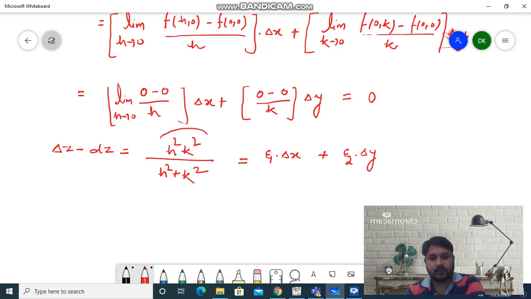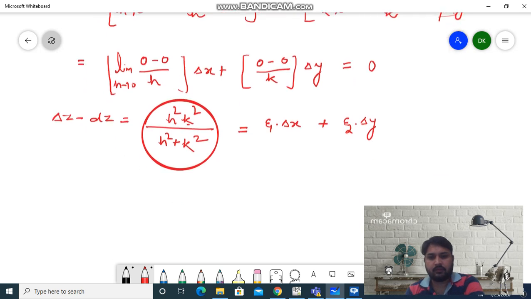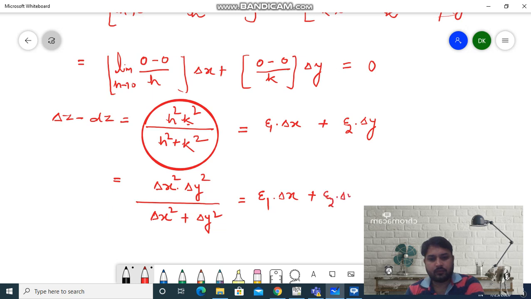Here in place of h we will use delta x, and in place of k we will use delta y, because h is the change in the x axis. So this is delta x squared delta y squared upon delta x squared plus delta y squared, equal to epsilon 1 delta x plus epsilon 2 delta y.